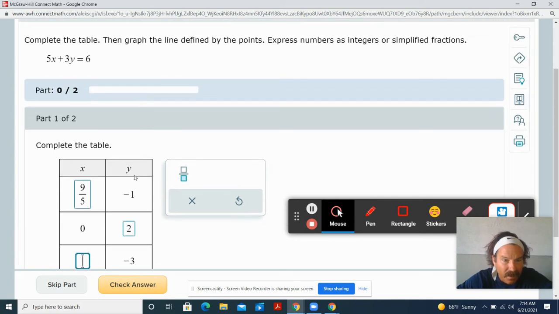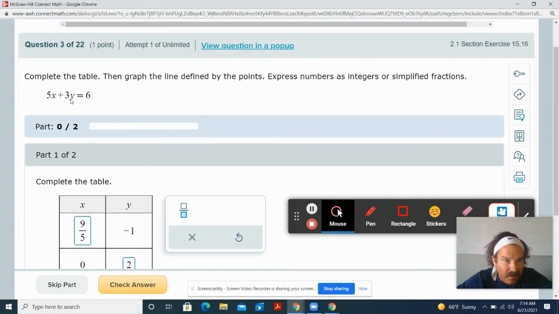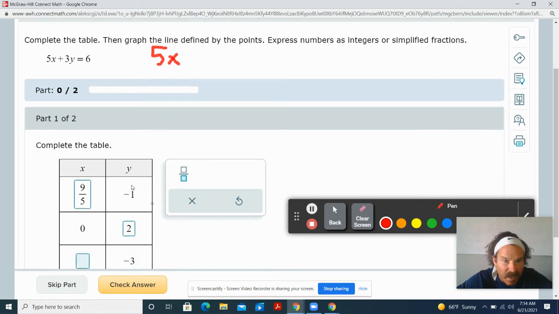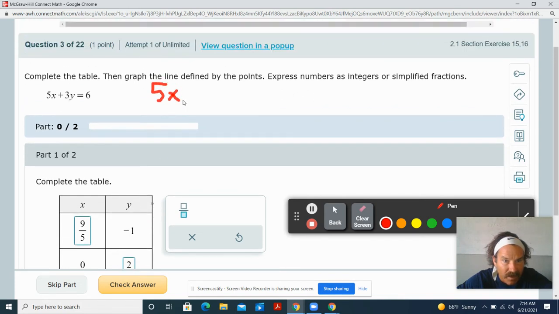And then for the last one, if y is -3, then it's going to be 5x. And 3 times -3 is -9. So that's going to be -9 equals 6.